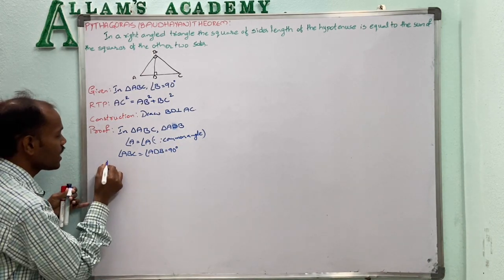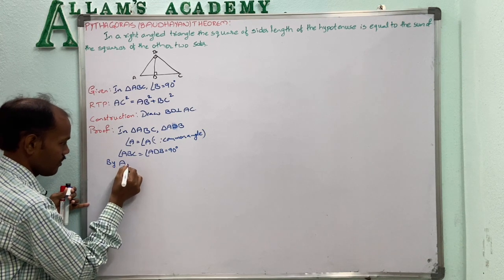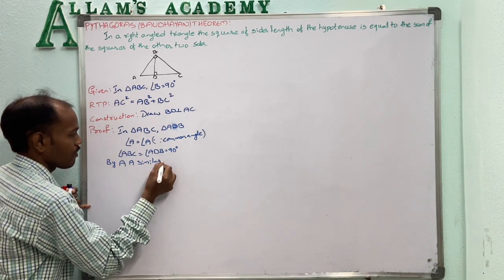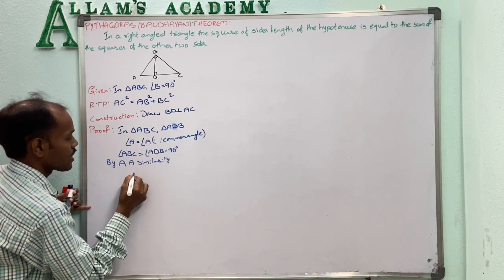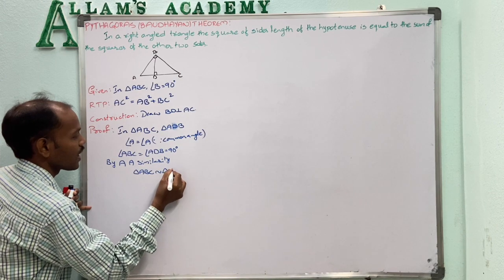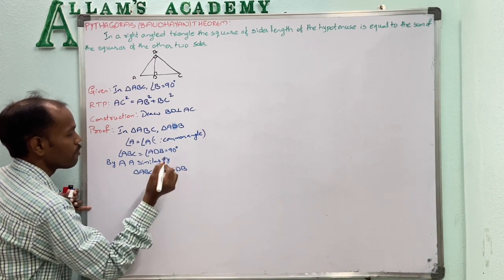So by AA similarity, triangle ABC is similar to triangle ADB.